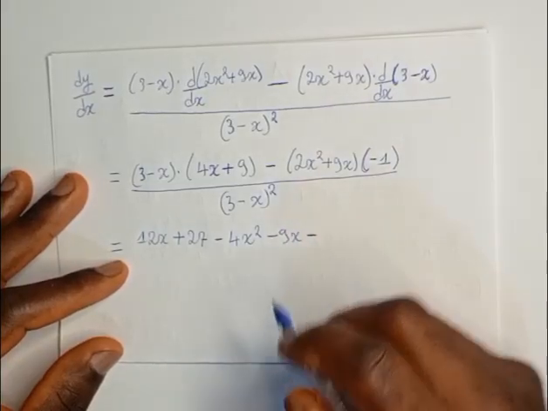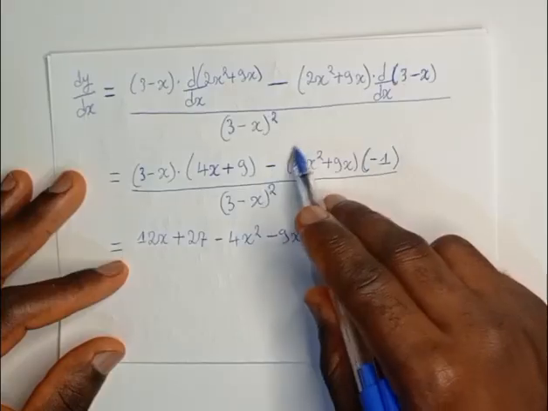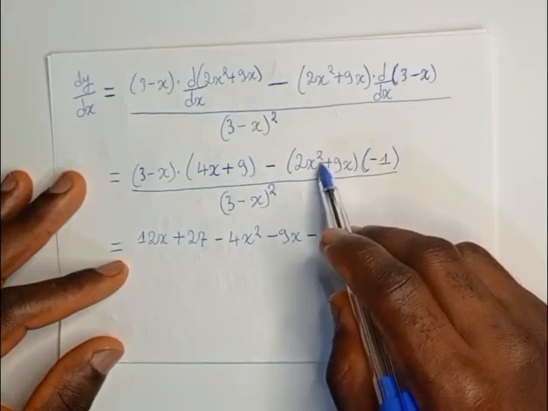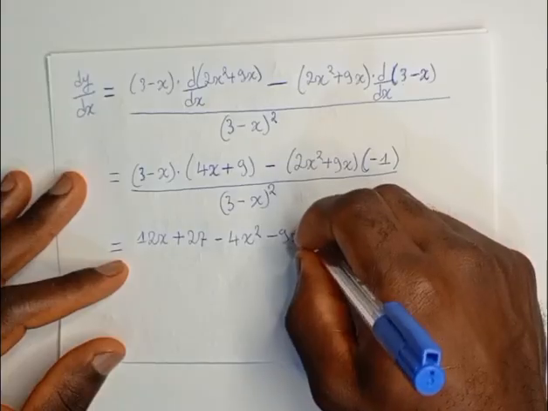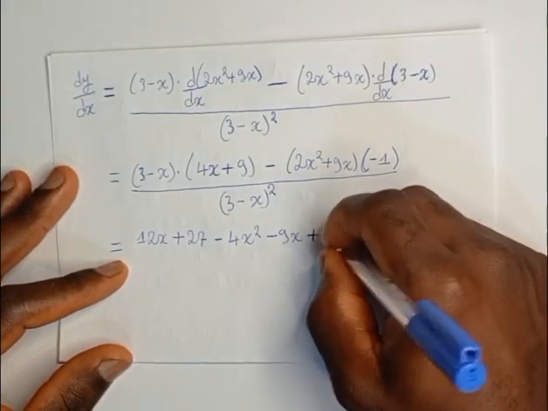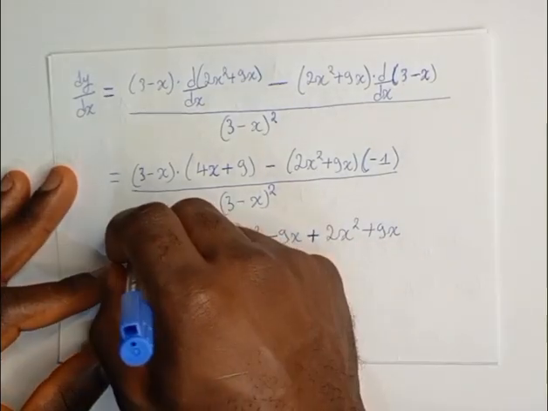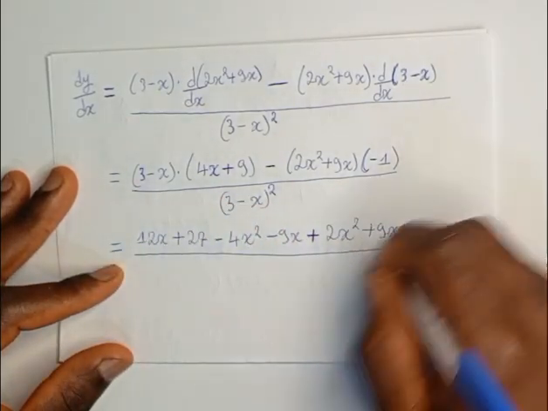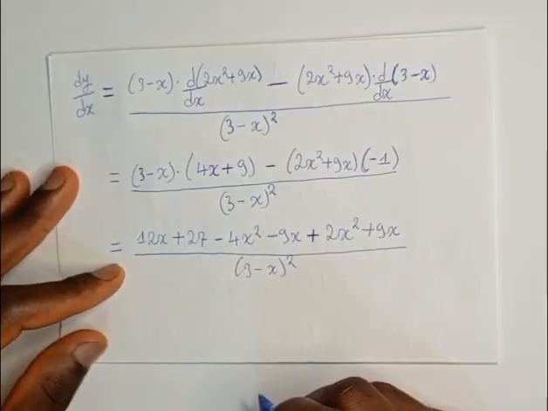Minus, if you take 2x squared plus 9x times negative 1, the result will be positive, so we just put a plus sign here. Then we remove the brackets, plus 2x squared plus 9x, and we divide by 3 minus x all this squared.